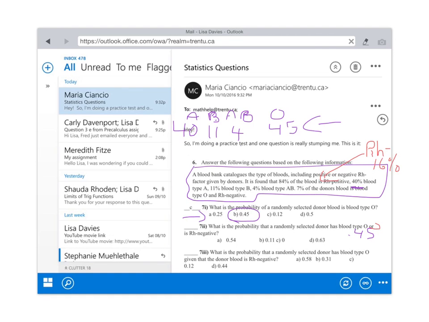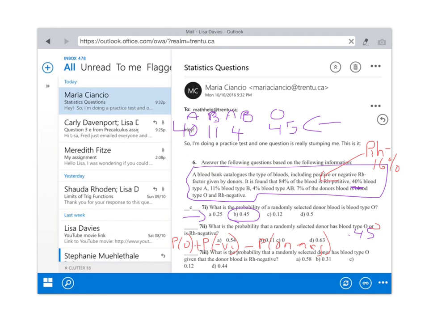So you want to take the probability of O plus the probability of negative, minus the probability of O and negative. I'll just put NEG for negative, okay?